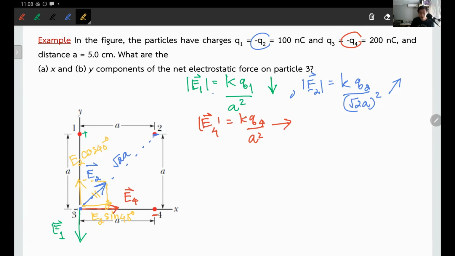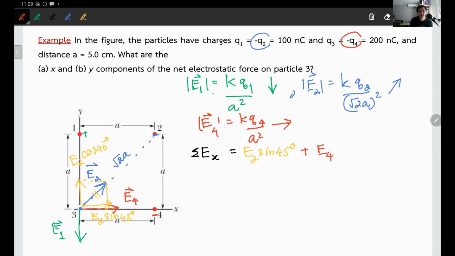So the net electric field along the x-axis first, the horizontal, is going to be E2 sine 45, the horizontal component from E2, plus the E4.